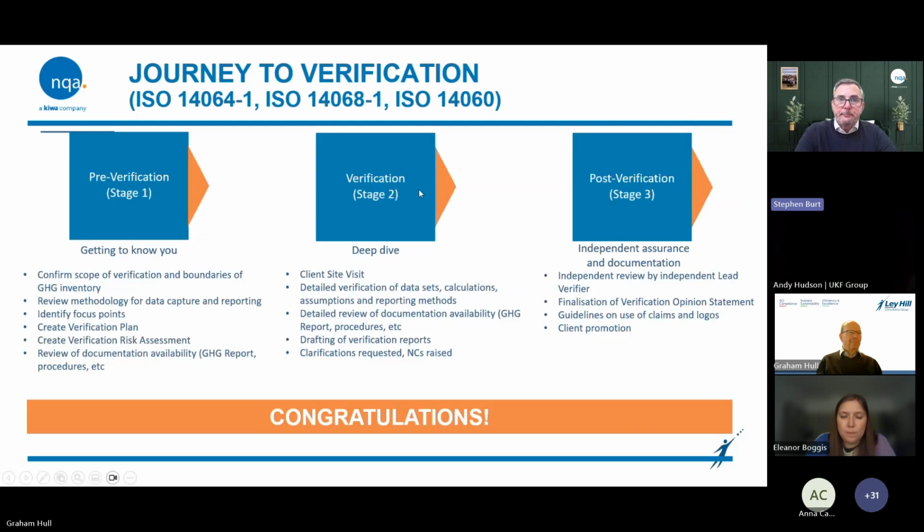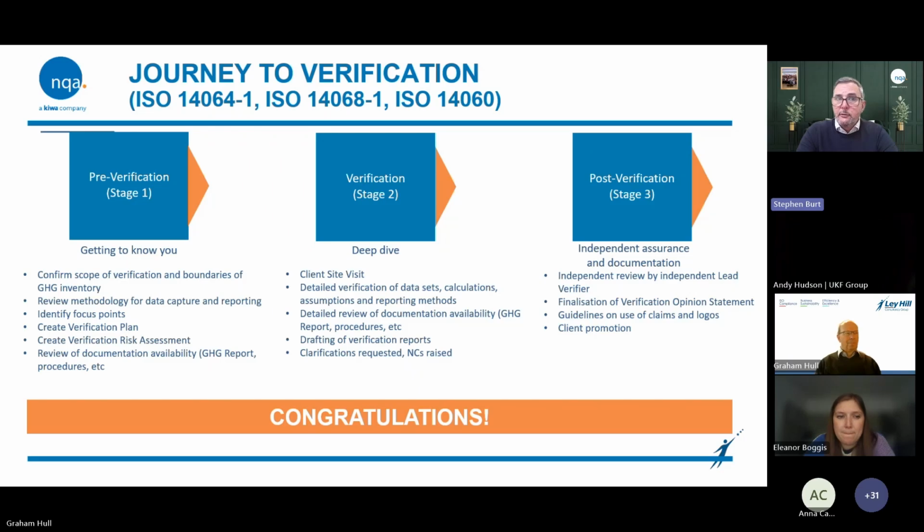Next slide, please. So this is a slightly different service. This is NQA operating as a verification body rather than a certification body. And UKAS, again, they accredit us as a verification body. The standards which they accredit us to in this case, there's actually two.